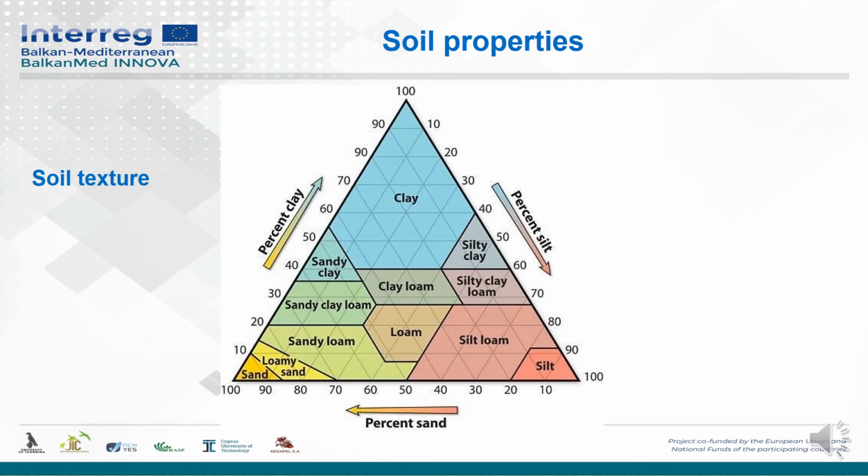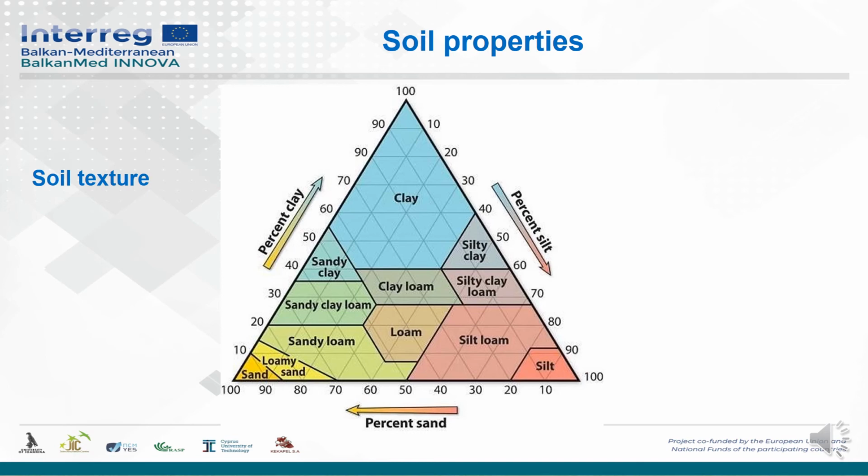For example, if we have the percentage of clay 50%, we have to go here to the vertices of clay and find the number 50, and from it we follow a line that is parallel to the sand percentage.